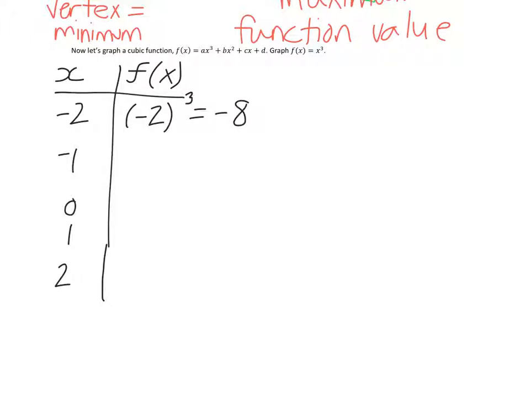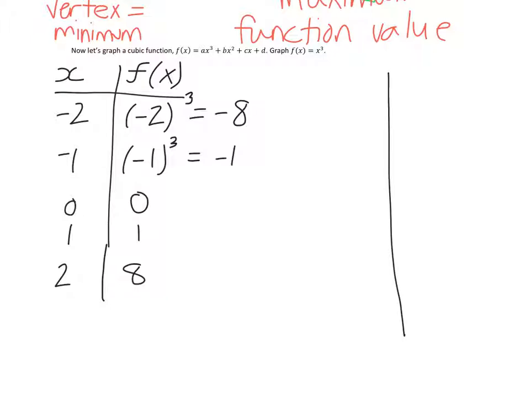Likewise, with the -1, we have a negative base, an odd exponent, so we end up with a negative number. 0 cubed is 0, 1 cubed is 1, and 2 cubed is 8. And the reason why I didn't include -3 and +3, well, now we're looking at -27 and 27. That would be really hard to graph. So again, these cubic functions get very big very quickly.